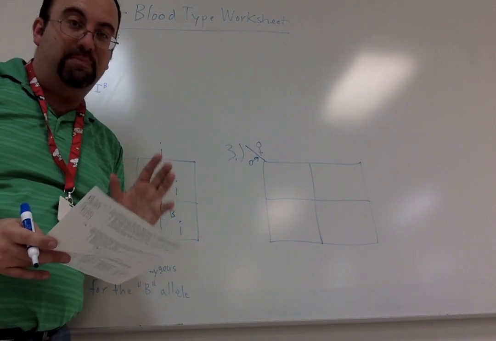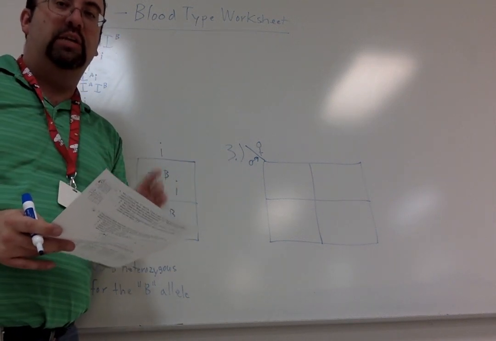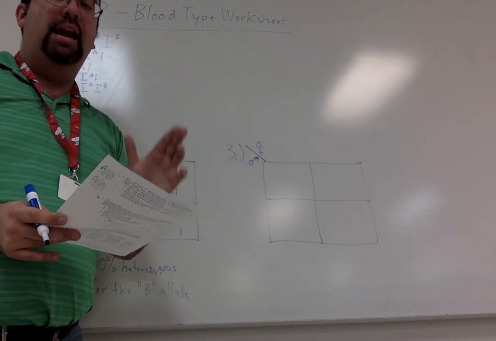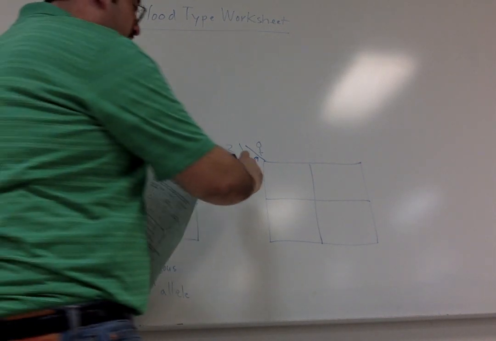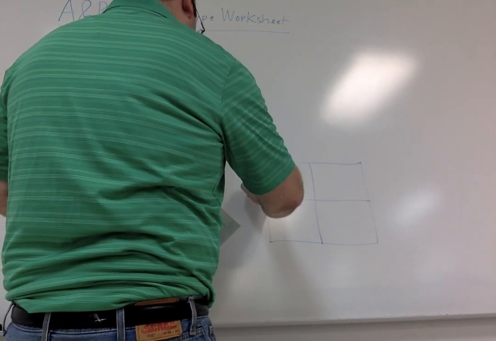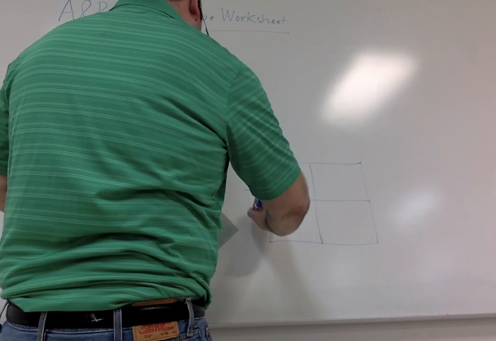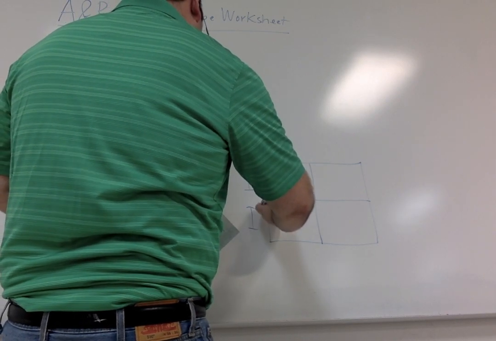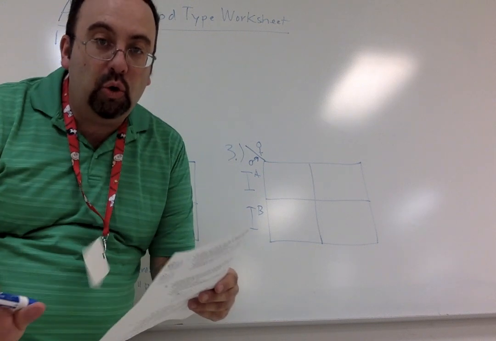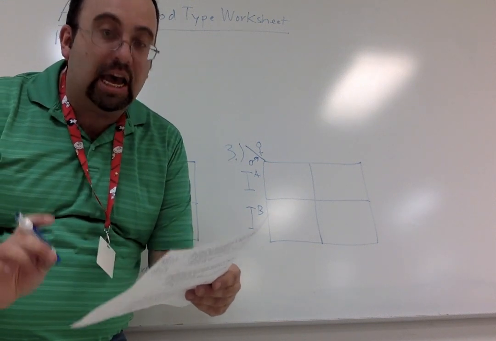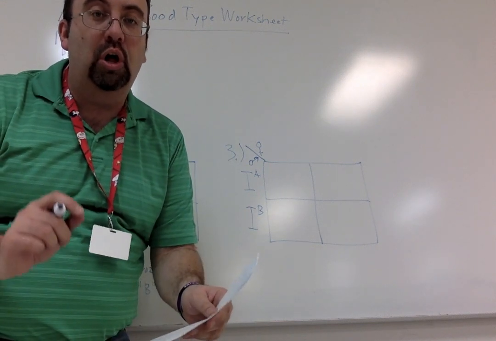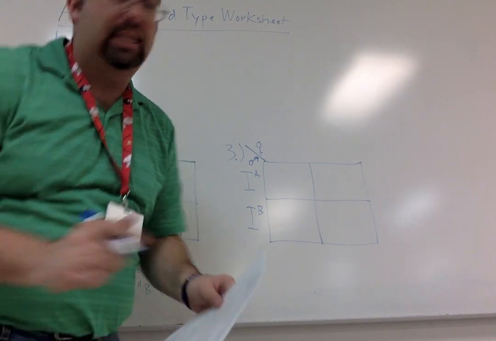Notice that he is type AB, and so we're going to use an I to the capital A and an I to the capital B. We'll put that in here. And we're also told that the mother is type O, so again, we're going to use 2 lowercase i's to symbolize that.